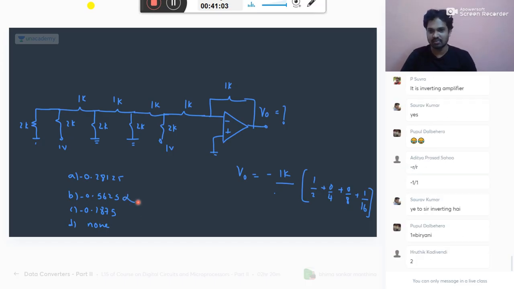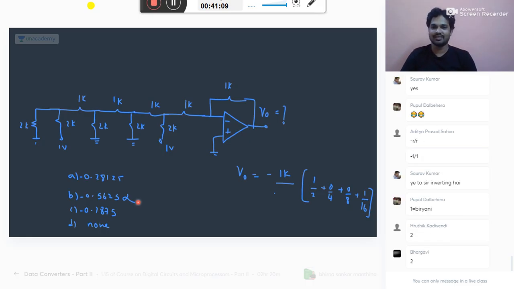As most of you liked it, B is not the right answer. That is where I kept the trap. Here you should take 2. Very good, Hrithik, and Bhargavi. It is 1K plus 1K. This is right. I gave the option wrong, but this is the right answer.